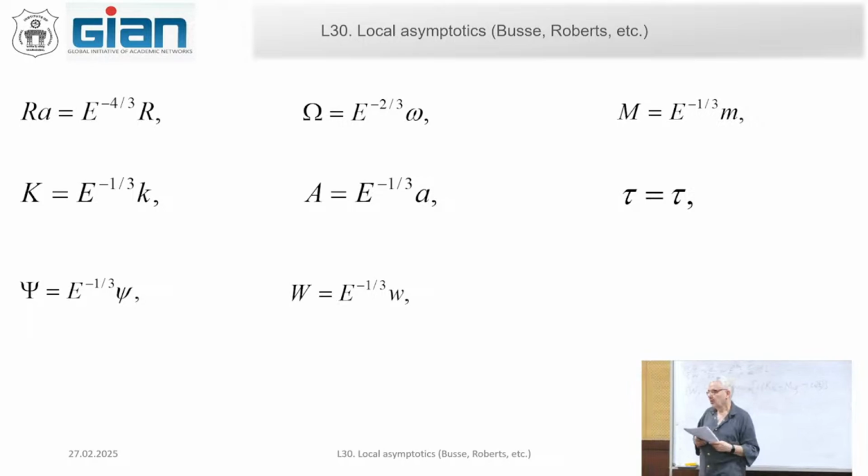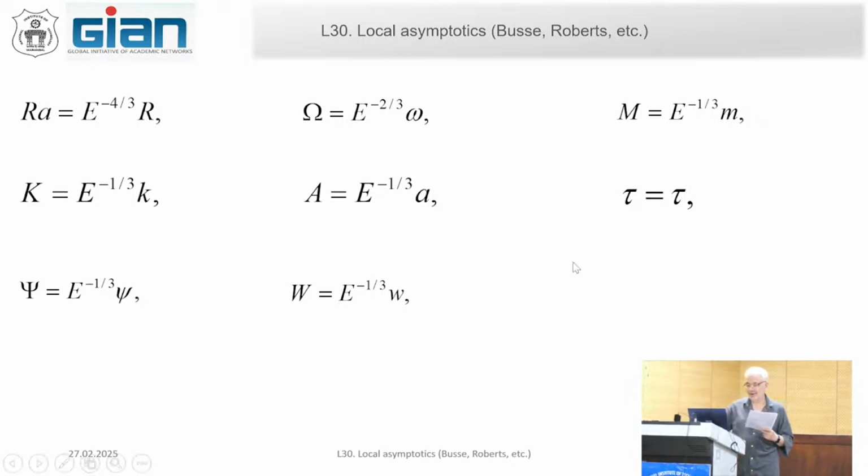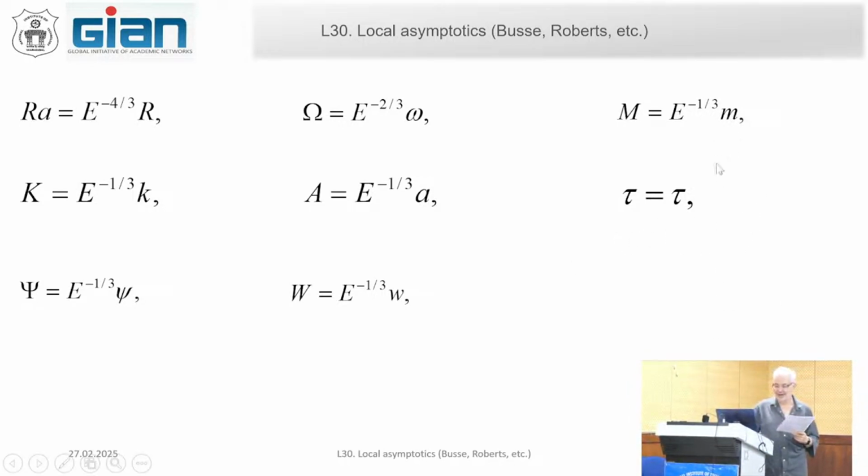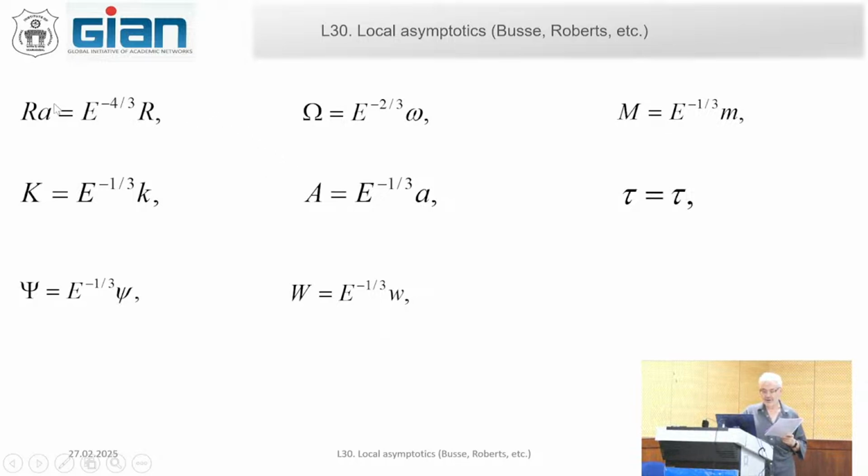Oh, maybe I'll use the mouse, because there is a tendency when I have a screen, I want to point on the screen. Okay, so we have this value, and here, okay, maybe I was wrong that you use small omega.